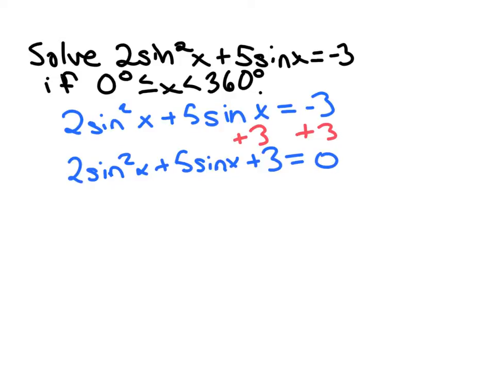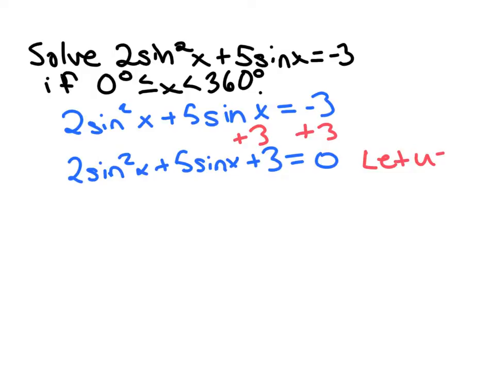Now this thing has the form of a quadratic equation, but instead of 2x squared plus 5x plus 3, you have 2 and then sine of x squared. So one way, if you don't want to deal with the trigonometry and the quadratic equation at the same time, you could do a substitution.